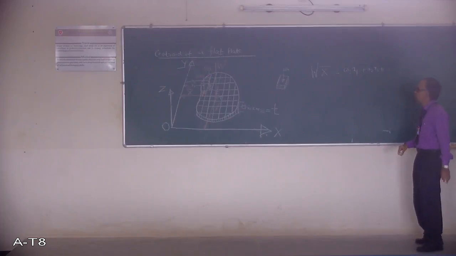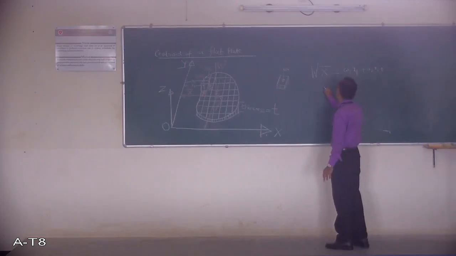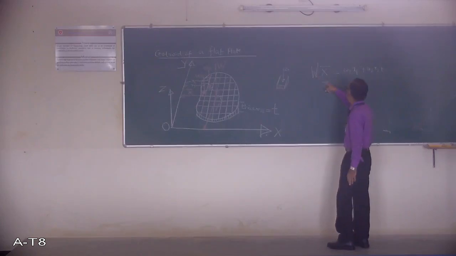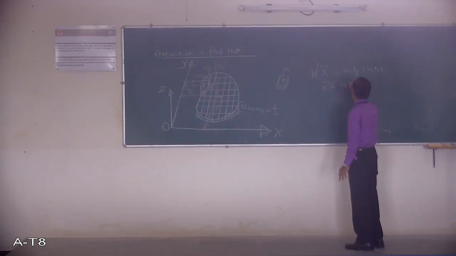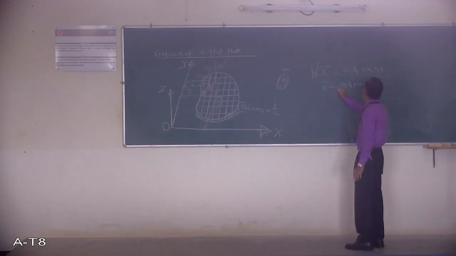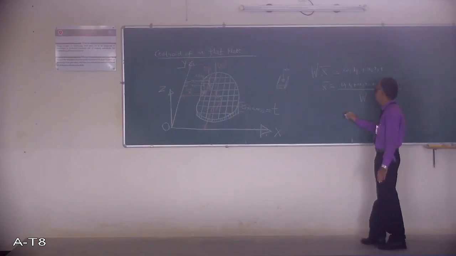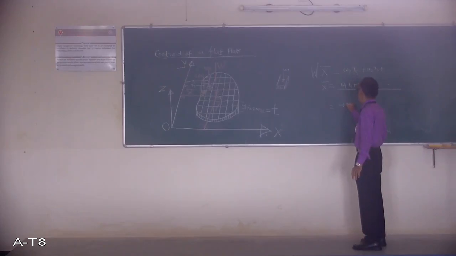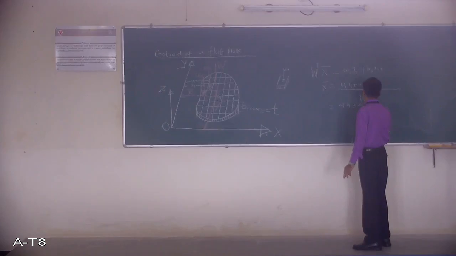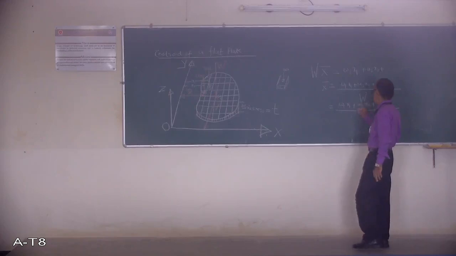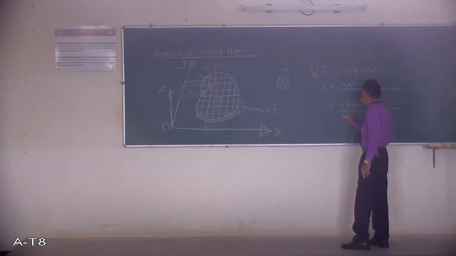Now if I write the same value x bar, this W I take to this side. So W1 into x1 plus W2 into x2, and so on, upon capital W. That is W1 x1 plus W2 x2, and so on, divided by W1 plus W2, and so on, because the total weight W is W1 plus W2.